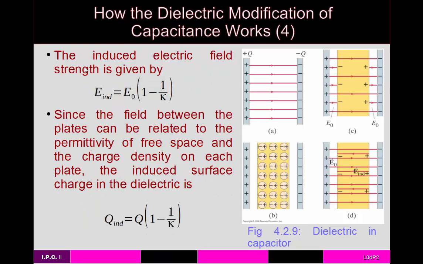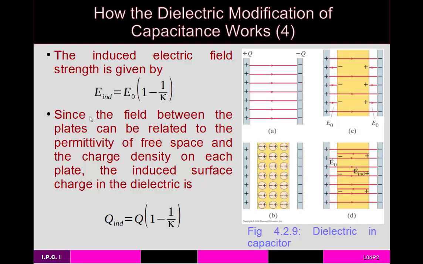The induced electric field strength, in turn, is given by this formula. The induced strength is E naught times 1 minus 1 over kappa. And recall that we actually used this equation right here earlier to figure out what the reduction in the potential energy was due to the presence of this dielectric.